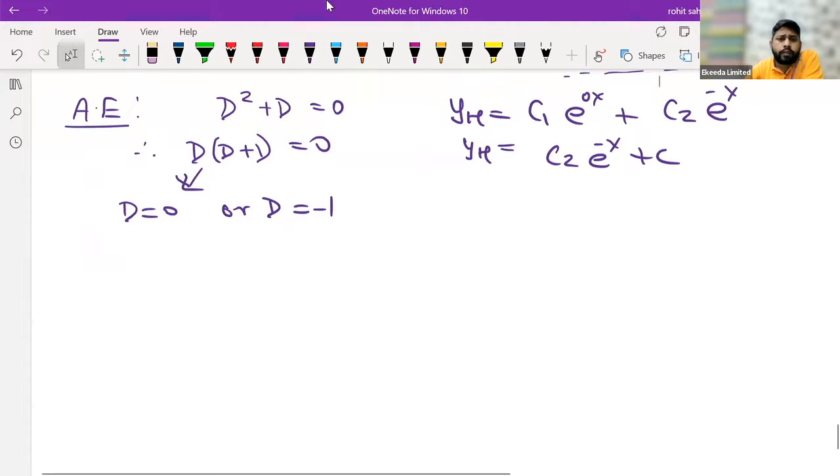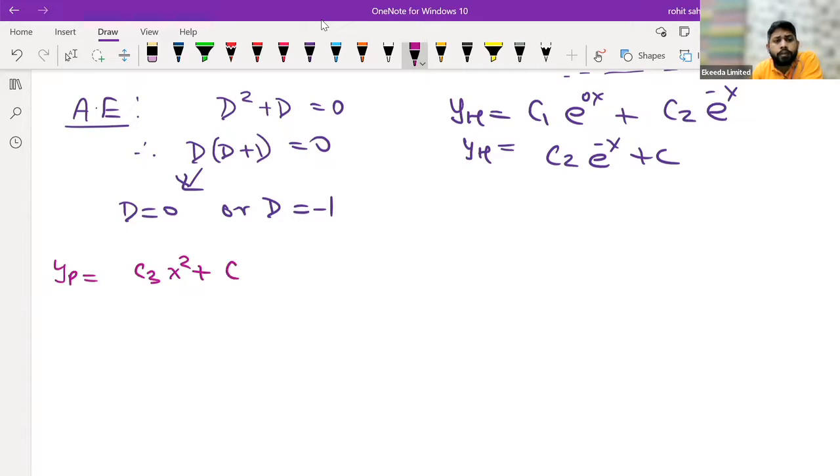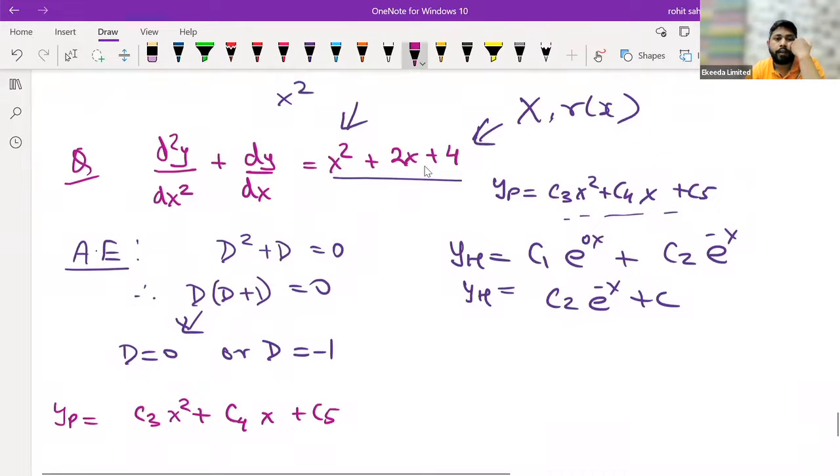So in accordance with this, we assumed that yp is c3x square plus c4x plus c5. Let us check the equation we have. What do we have here? Come to the question here.